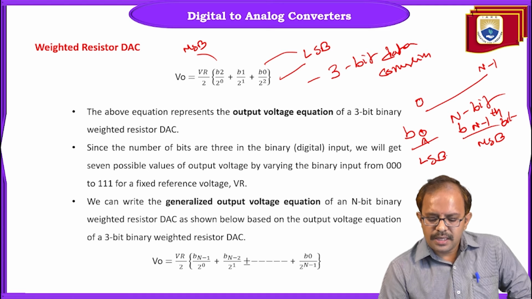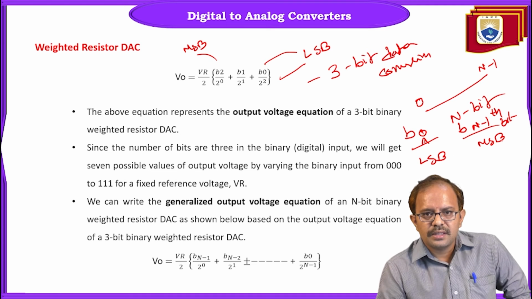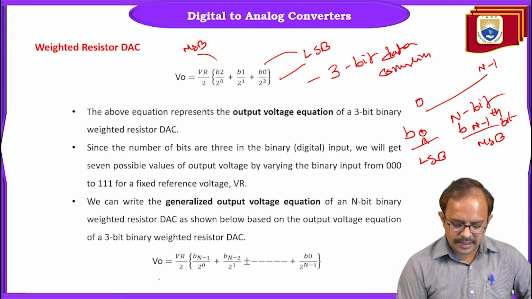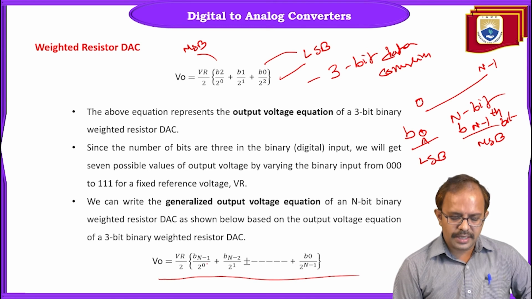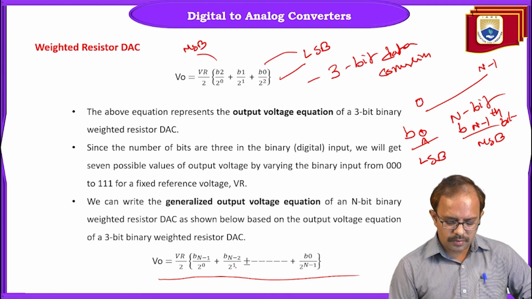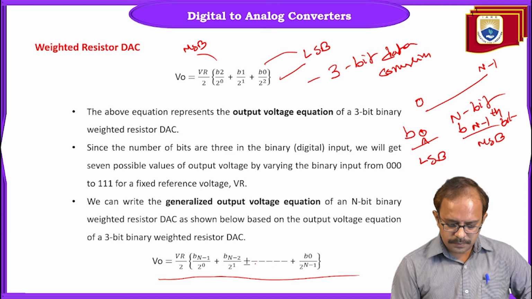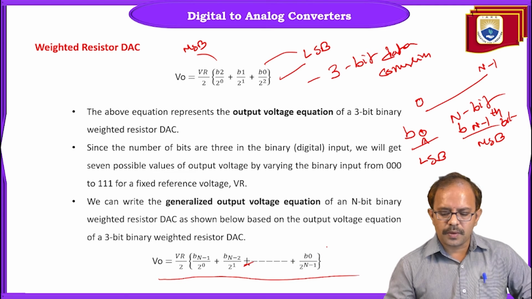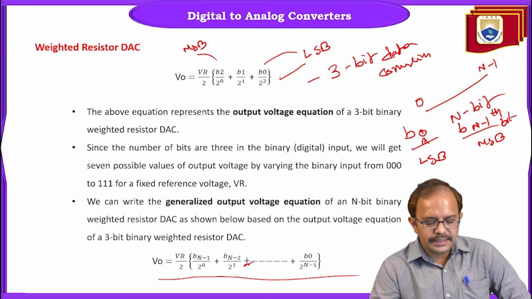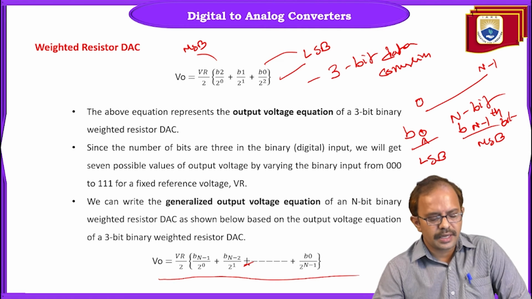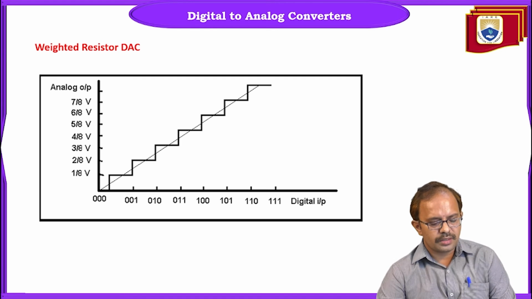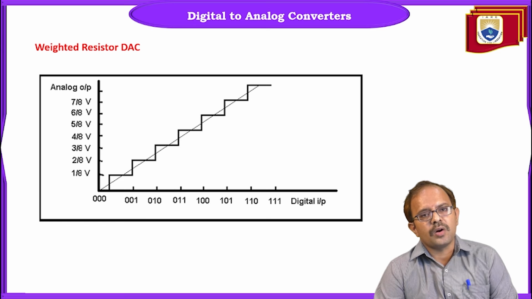So now we get the generalized expression: Bn-1 by 2 power 0 plus Bn-2 by 2 power 1 plus so on up to B0 by 2 power n-1. This is the generalized expression for the weighted resistor DAC, right? This is the relation between digital input and analog output.